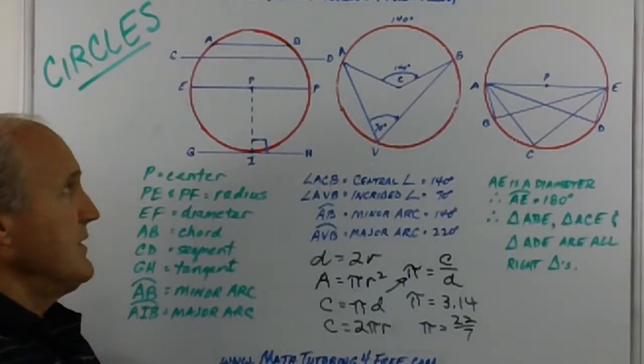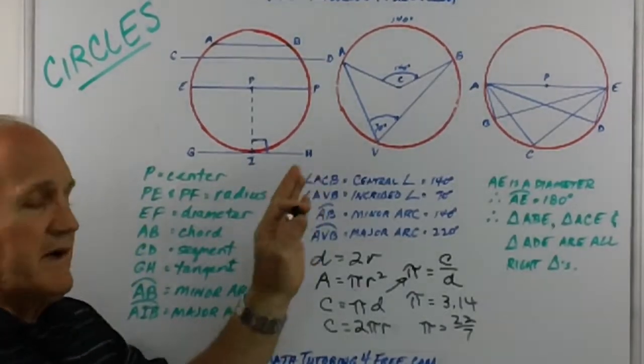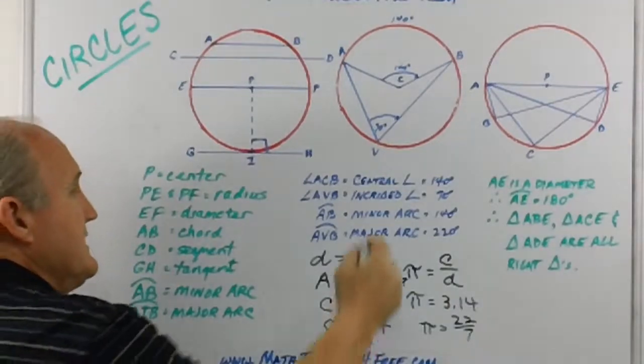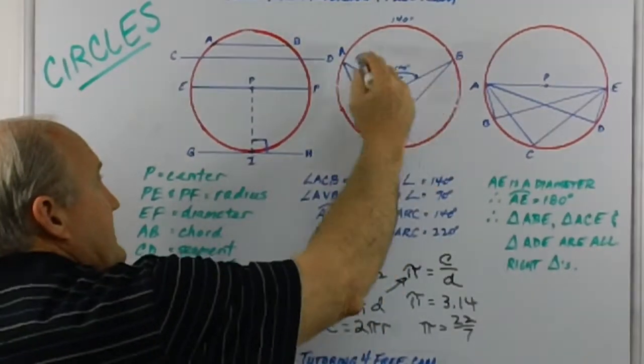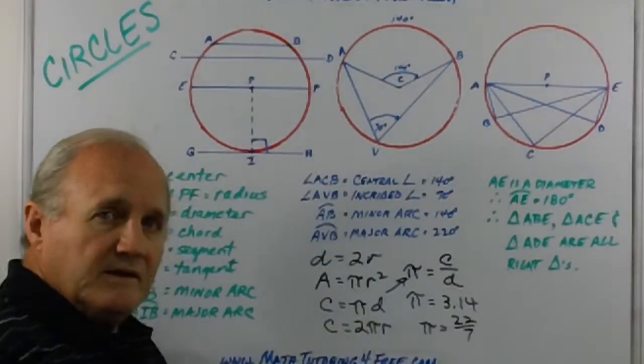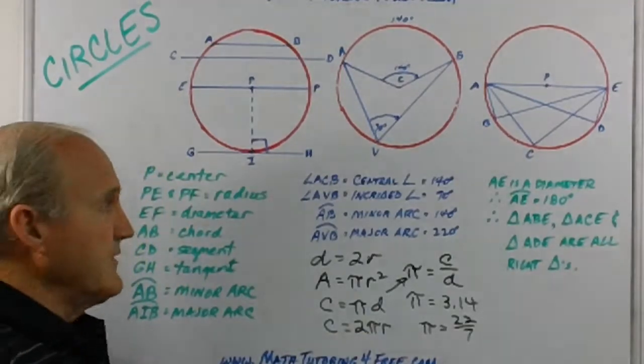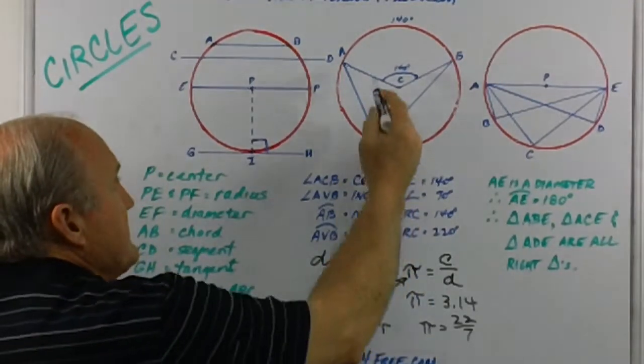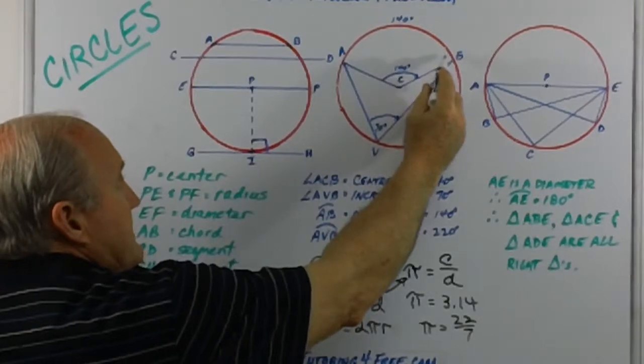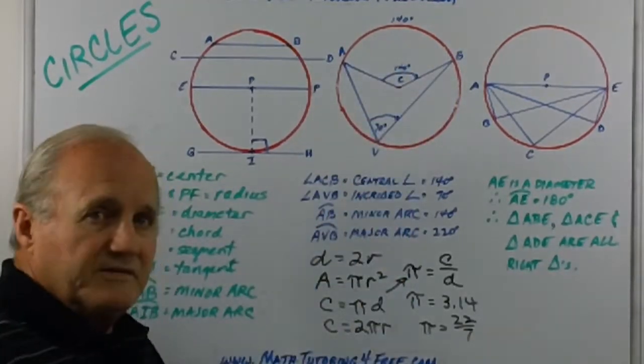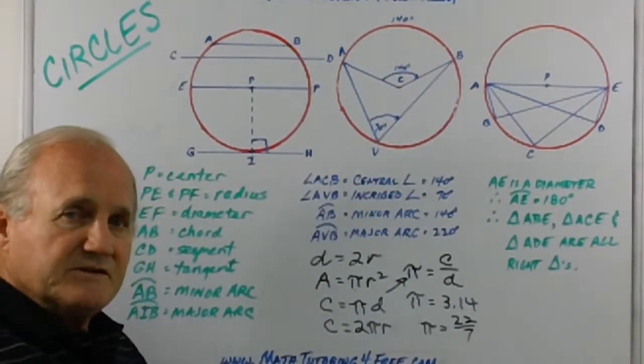When we're talking about arcs, an arc is the part of the circumference that's being defined by an angle. In this case we have arc AB, 140 degrees, and that's considered the minor arc.